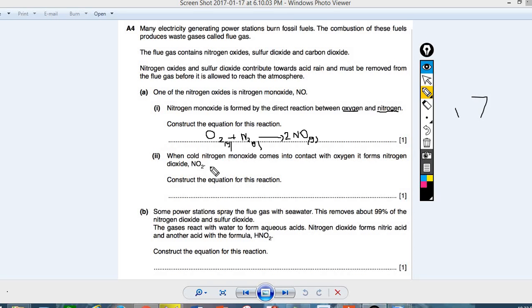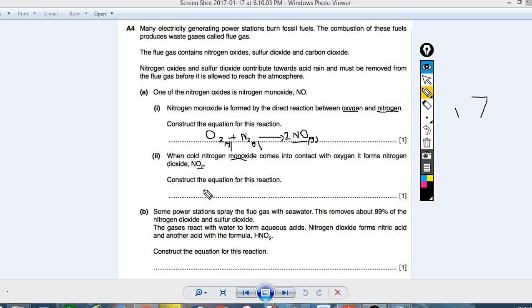Let's move on to the next question. When nitrogen monoxide, so we are talking about the product here, comes into contact with oxygen, it forms nitrogen dioxide. Di means two, as you can see here, two oxygen atoms are there, so nitrogen dioxide. Construct the equation for this reaction as well. Easy, right?